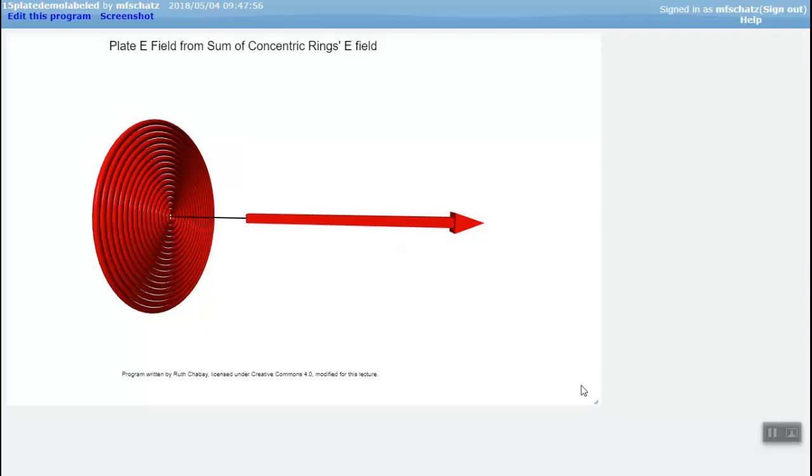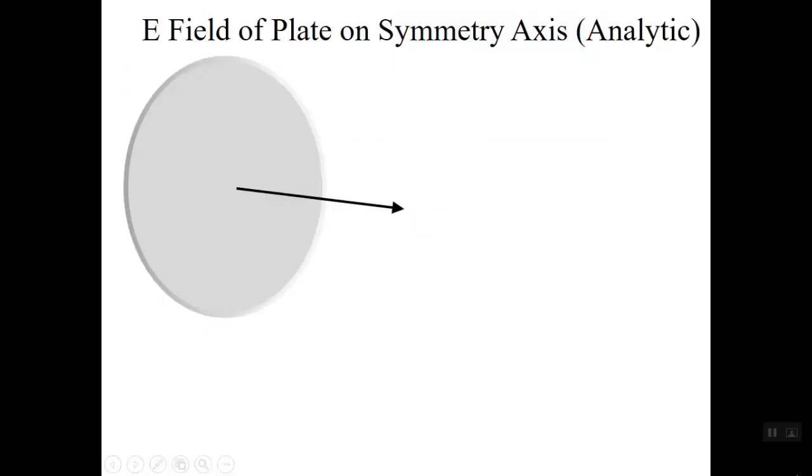on this symmetry axis. Let's consider a plate of radius capital R that lies in the xy plane with its center at the origin. Let's assume a total positive charge, capital Q, and assume that this charge is spread uniformly on the plate.